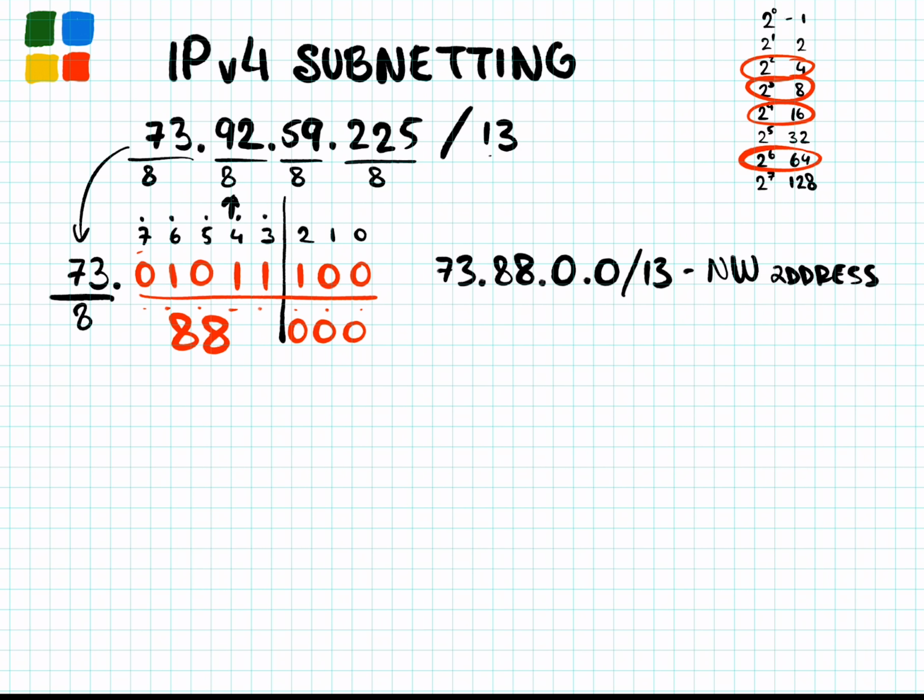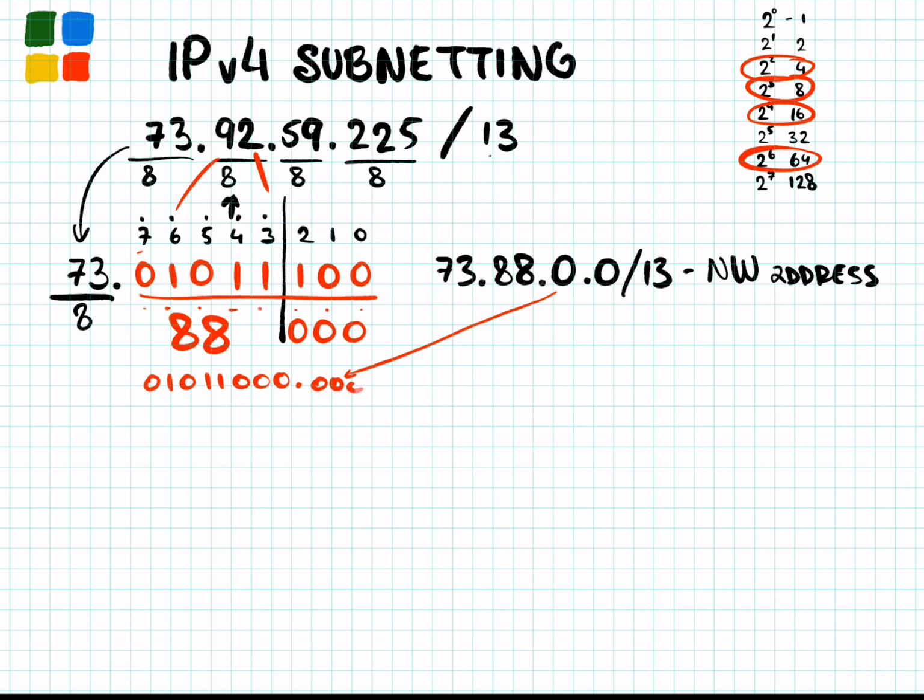Now let's imagine you want to show the first host address. Remember, hosts are on this side. We know that the number 92 is being split, right? So we show it as 01011. If it's 88, we're putting all zeros here.